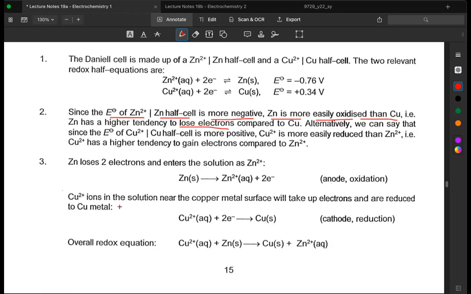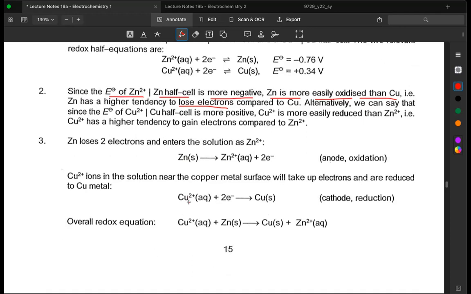So what happens at the anode is the zinc loses 2 electrons because it must form a zinc 2 plus charge. Reason wise, it's something to do with the configuration that it can only form this. The next chapter on transition metal complexes will share about why only zinc 2 plus, unlike copper, which can be copper plus and copper 2 plus.